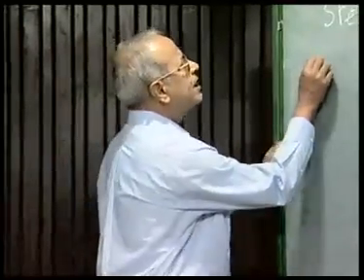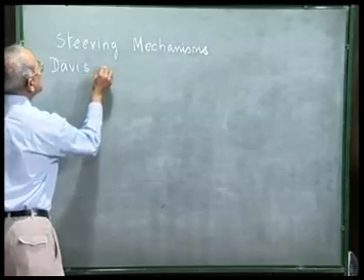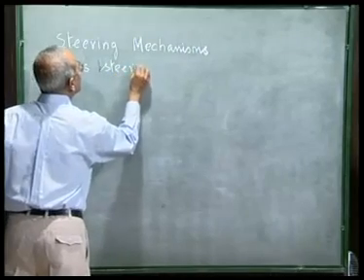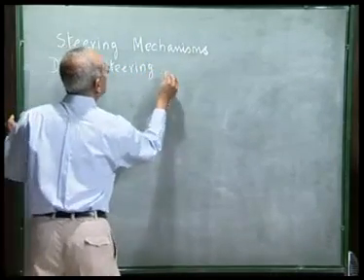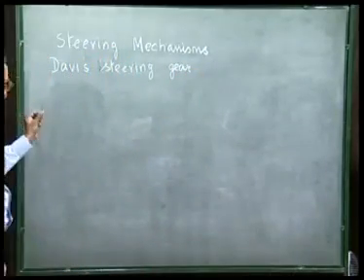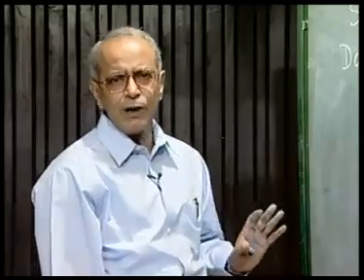Now that we have obtained the steering requirement, that is the condition that must be fulfilled by the steering mechanism, let us discuss a particular steering mechanism known as Davis steering gear. In this Davis steering mechanism, we use a 6-link mechanism with 7 lower pairs.